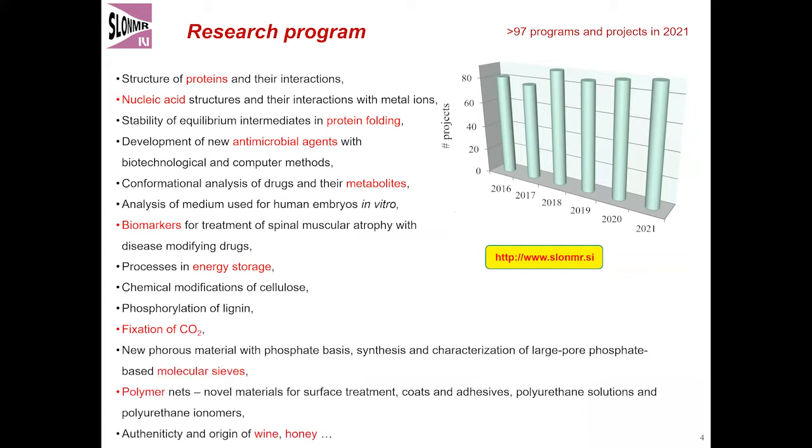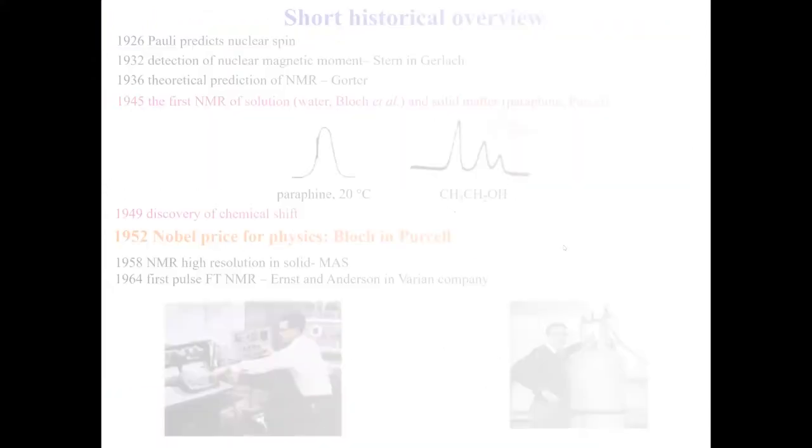You can see that we go from biomolecules, all sorts of, and what is very modern nowadays, energy storage, CO2 fixation, and then hydrogen storage, polymers, and at the bottom here, not least important, authenticity of food. We have some experience already with honey, but have been working on wine analysis. This does not mean consuming large amounts of wine, but doing NMR analysis on details.